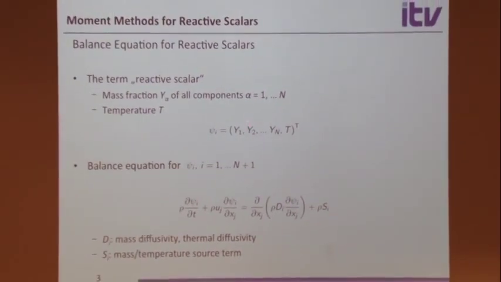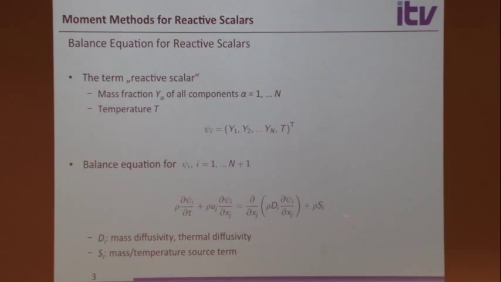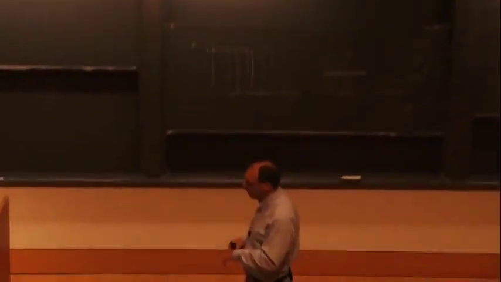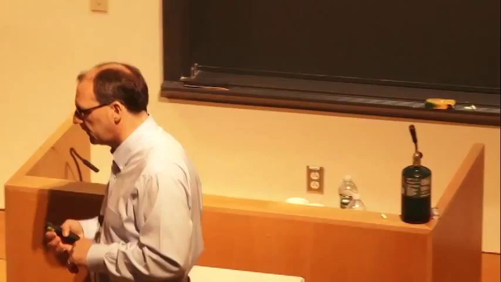Okay, so we had this in one of the previous lectures already. We can write a conserved scalar equation, making a few assumptions that some of these terms are not so important, or just neglecting them for the sake of making the notation a little simpler, especially for the energy equation.